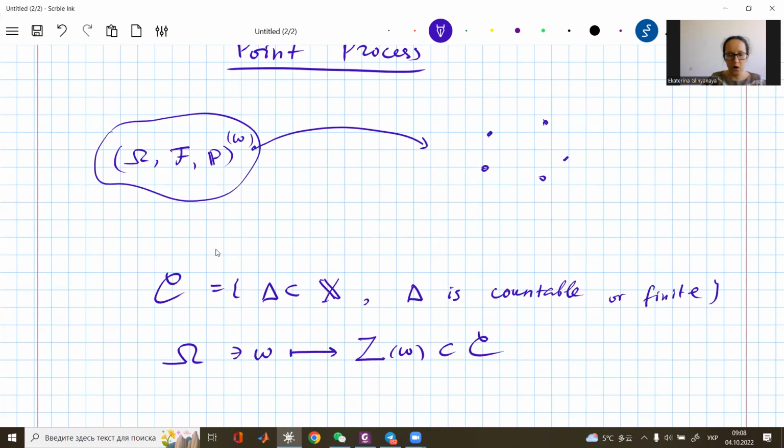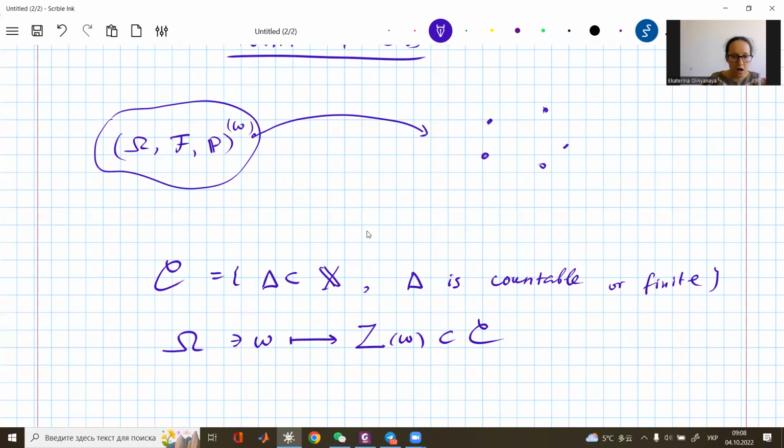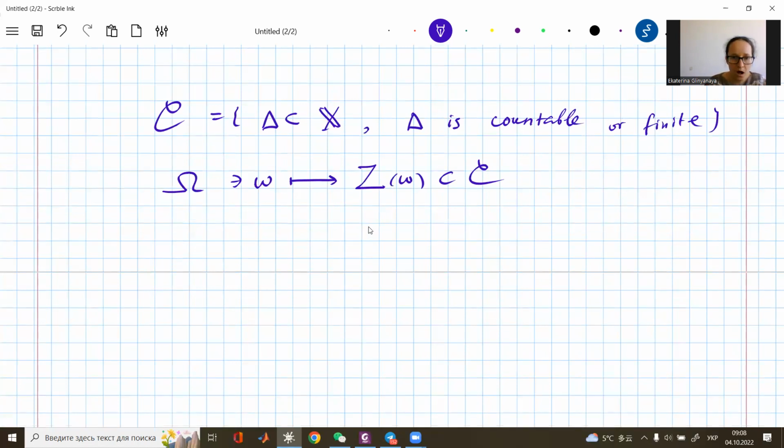So how can we do this? We will not consider a point process as a set of finite or countable subsets, but what we can do here: if we have such a mapping, we can put into correspondence a family of measures. So what do I mean?